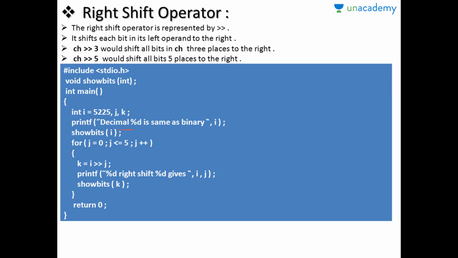We can directly store the value of i. Now with the help of a for loop, we'll write a simple expression here: k is equal to i right shift j. That means when the value of i is right shifted by j, we print out the i value and j value.